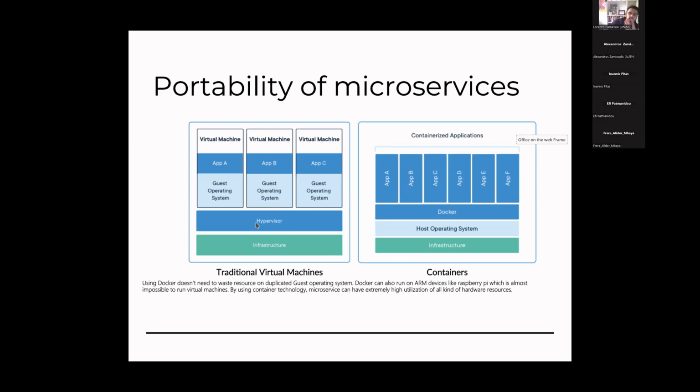The hypervisor emulates the underlying hardware, so it creates a new virtual CPU, a new virtual memory, a new virtual disk, a new virtual network, and then there is a guest operating system on top. This could be a Linux one, a Windows one, or a Mac one, and inside we have multiple applications. Applications for Linux, Windows, or Mac.